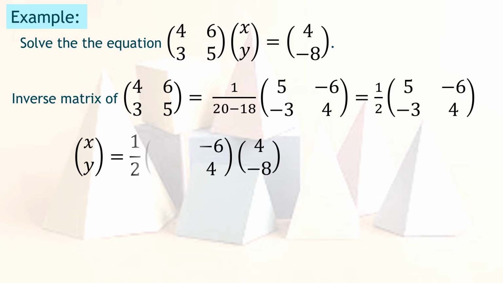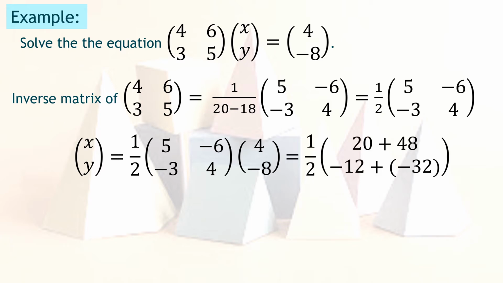From here, we are going to continue. So we have [x; y] = 1/2 [5 -6; -3 4] times [4; -8]. First we multiply [5 -6; -3 4] times [4; -8].